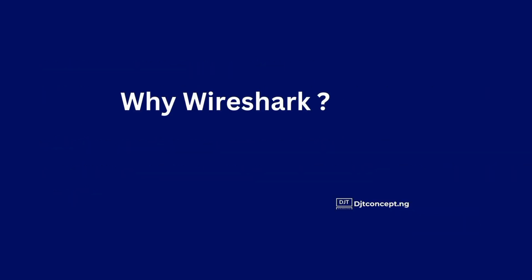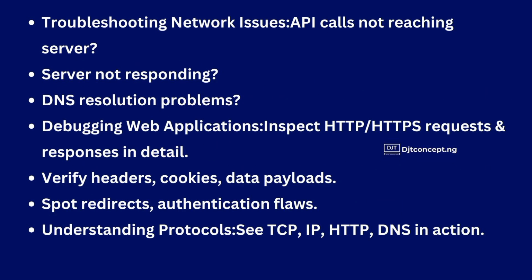So why do you need to know about Wireshark? The point is basically if you're having network issues and you need to troubleshoot, maybe the API call you have is not reaching the server, or the server is receiving a response that you're not expecting, or there are DNS issues, you can use Wireshark to check the network packets and know why something is happening.